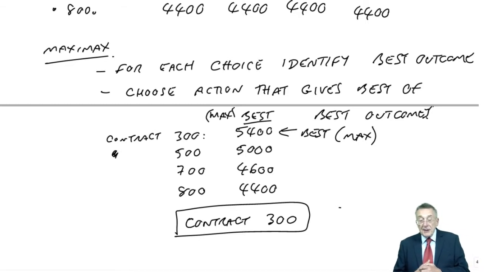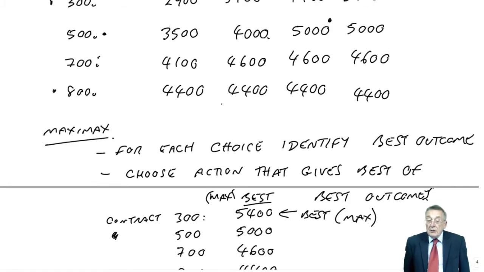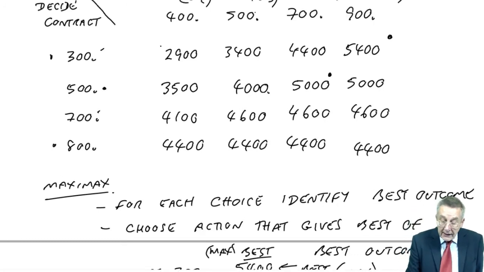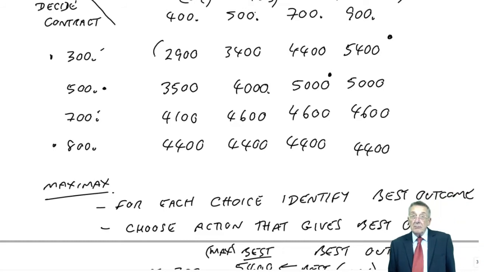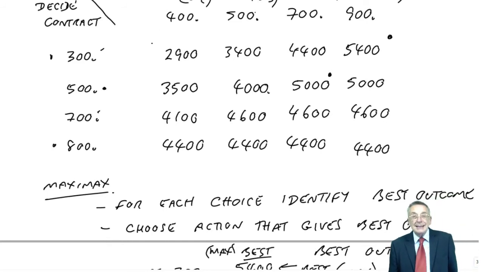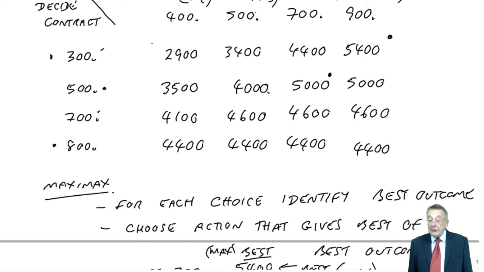It all depends on the amounts involved and the attitude to risk. Because, of course, making the decision on this basis, going for 300, the benefit's obvious. You've got a chance of getting the highest possible return, but you're taking a risk. You could end up with the worst possible return. We're all different. It's the attitude to risk and the amounts of money involved.